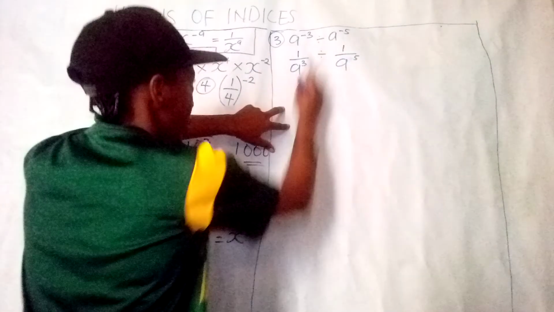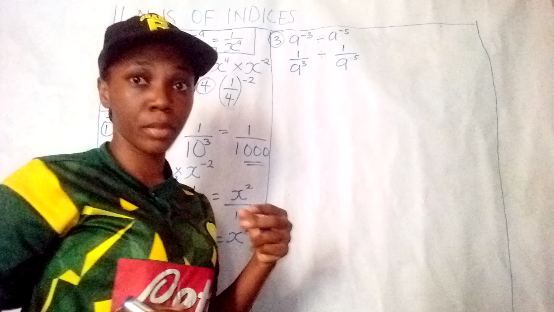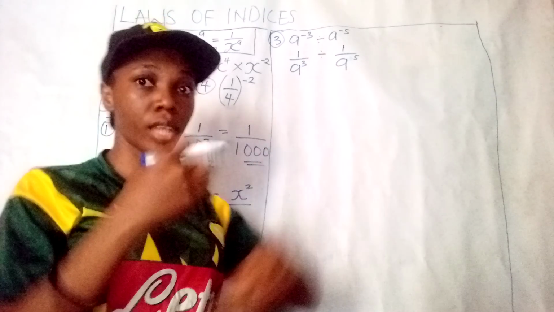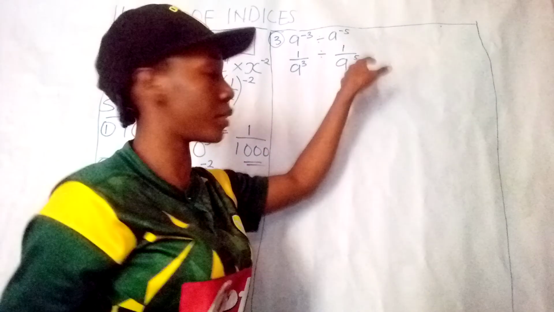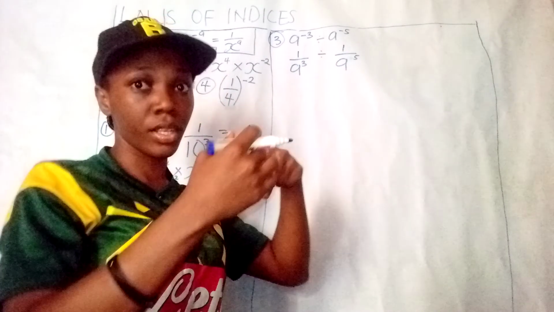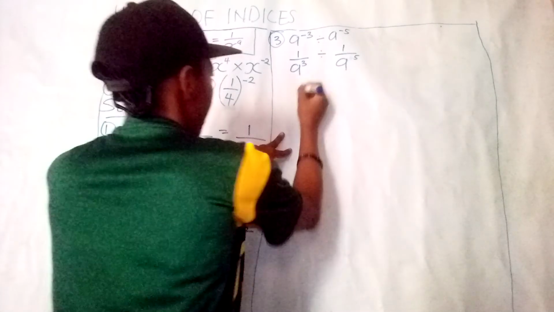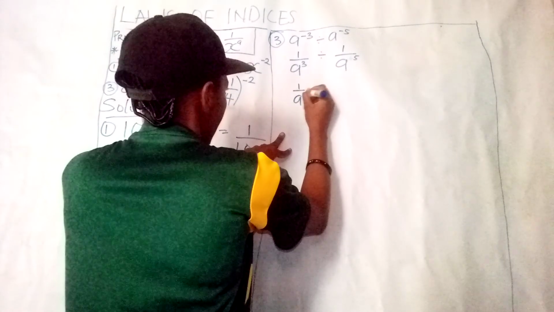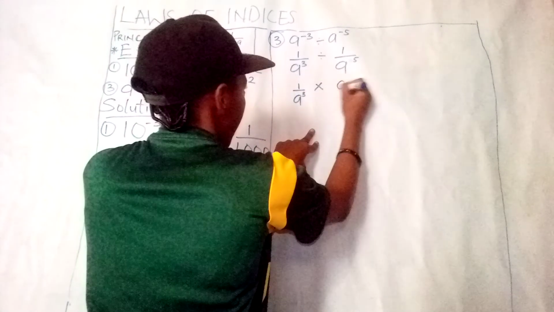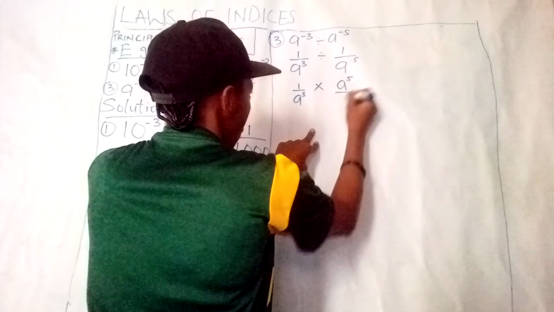And remember the principle of mathematics: when you're changing division to times, these two numbers interchange, the down one goes up and the up comes down. So we have 1 over a raised to the power 3 times a raised to the power 5 over 1.